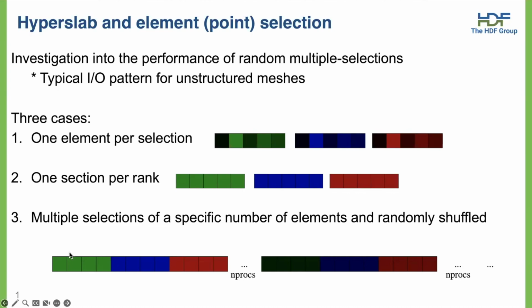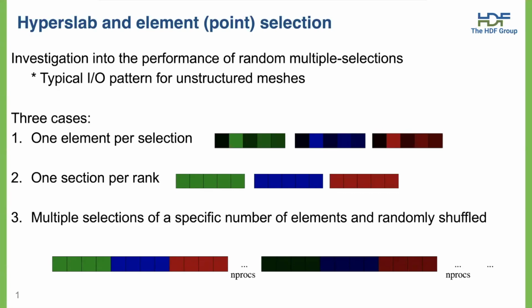I did four contiguous elements, which would be typical if you're doing a finite element with a tetrahedra, where you'd have four nodes assigned to each element. I also looked at a width of 256 elements, as you'll see on the next slide.